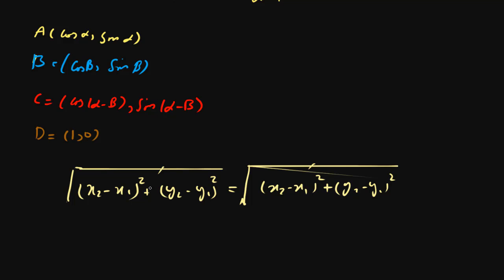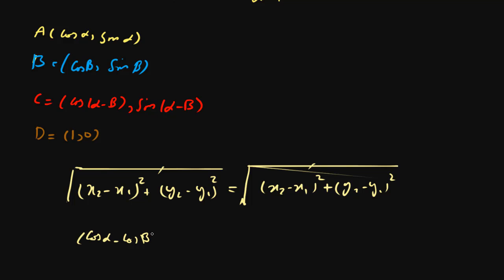Okay, for AB, x2 is cos of alpha and x1 is cos of beta. Remember that we have 2 points, one is A and one is B, so we just subtract them, cos alpha minus cos beta.